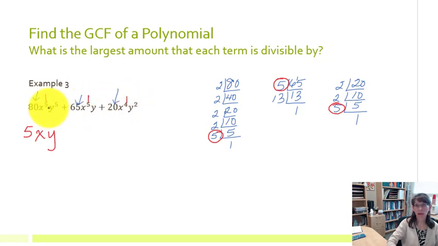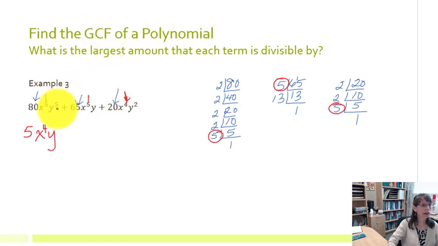Those are the exponents for the base of x. We have to go with the exponent that is the smallest because that is the guaranteed amount to find in all terms. So that means x to the 4th is the greatest amount of that base of x that can be found in all terms. We do not go with the largest number because x to the 5th is not found in that last term.